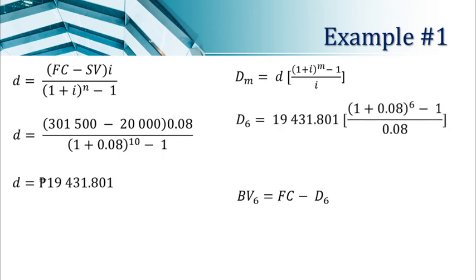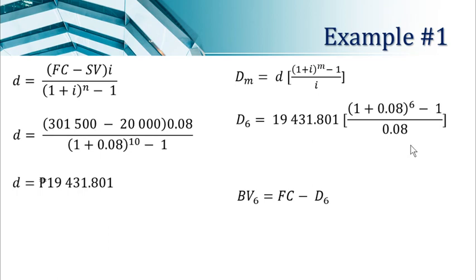We can now solve for the total depreciation. 19,431.801 yung na-solve natin. Multiply by 1 plus 0.08 raised to 6. 6 kasi hanggang 6 years lang ha, or at the end of 6 years yung pinapahanap.